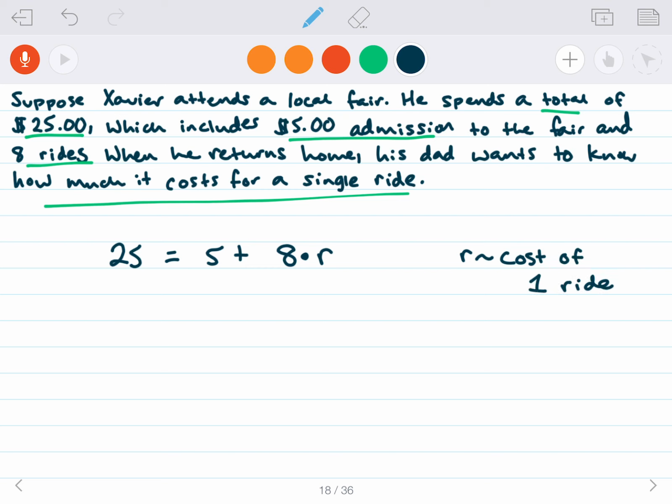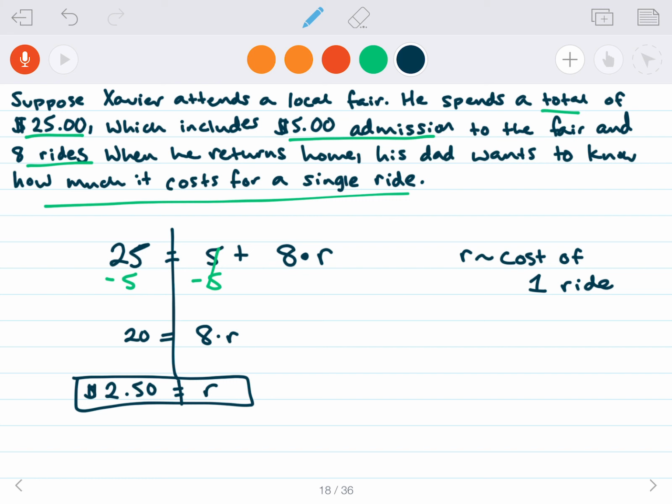Okay. And then we can go ahead and solve this guy, right? We can first start by subtracting 5 from both sides. So we get 20 on the left is equal to 8 times R. And then if we divide both sides by 8, 20 divided by 8 is going to give us $2.50. So each ride costs $2.50.